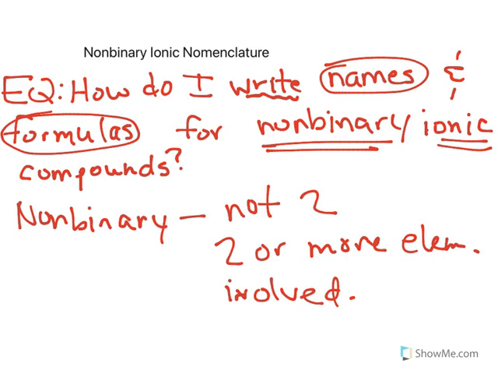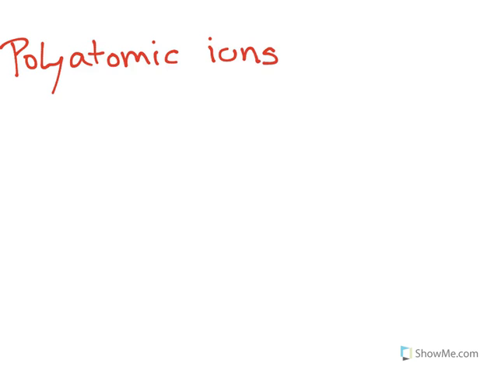And this is where we had a little conversation about a brand new vocabulary word. And that word is polyatomic ions. Let's break it down. Well, we know what an ion is. An ion is a charged particle.